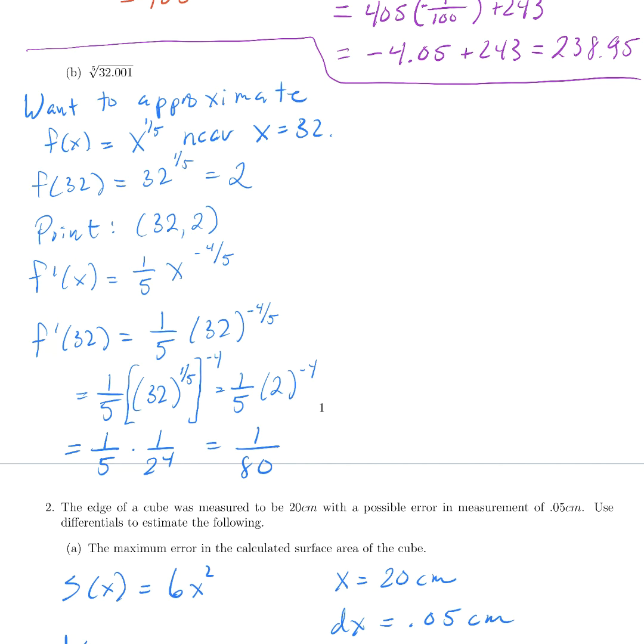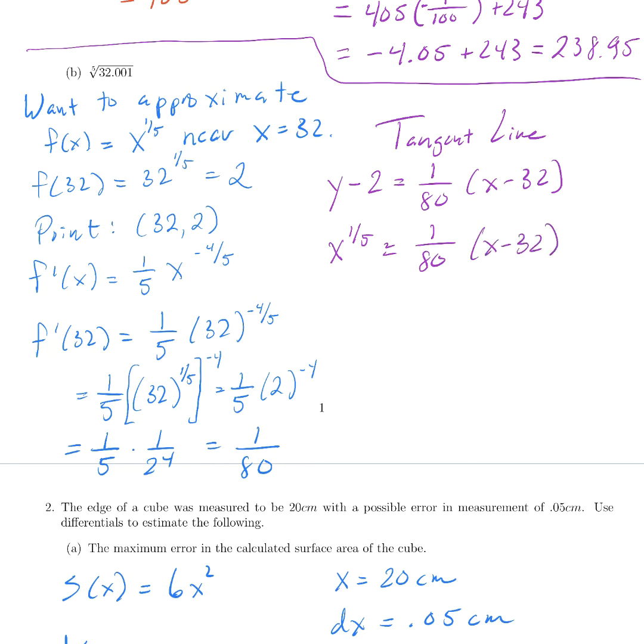Okay, and so now we can write down our tangent line. It looks like y minus 2 is equal to 1/80th times x minus 32. And that tells us that our function, x to the 1/5, is approximated by 1/80th times x minus 32 plus 2 for x near 32.